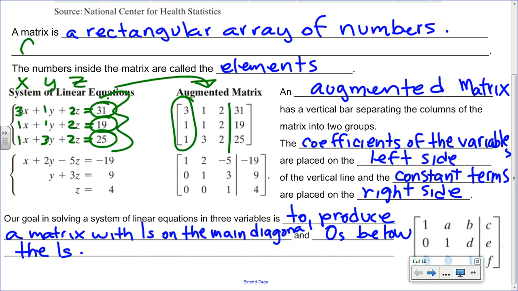So we're going to go over 2 methods. One of them is the Gaussian elimination, created by Carl Gauss. Gauss-Jordan is the other method.